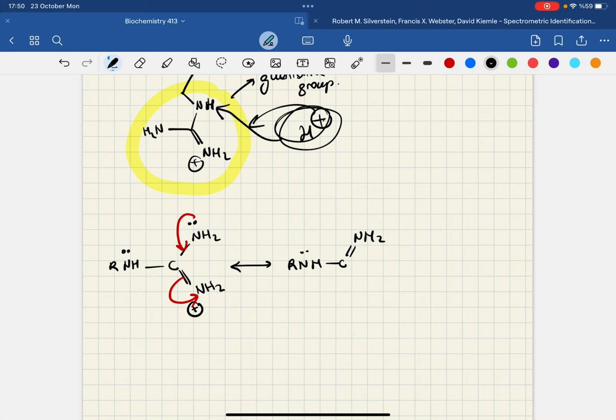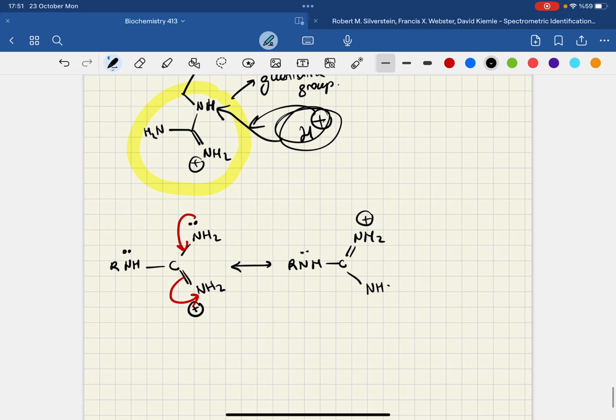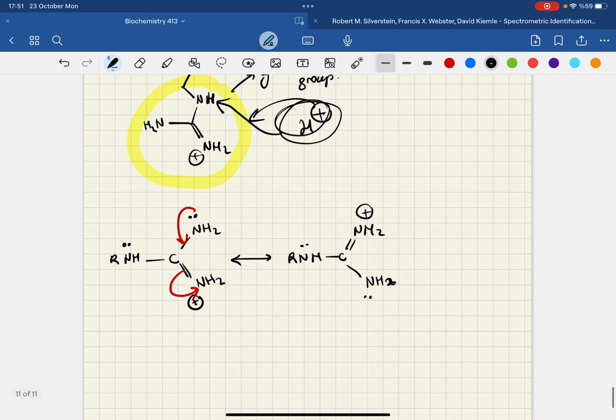Since these 2 electrons are given back to this bond, you can see that the nitrogen previously had 2 electrons over here, but giving them to the bond, one of them is the carbon's right now. So nitrogen is actually now electron deficient, which makes it positively charged. And now we have the NH2 and its valence electrons, and it has no charge.